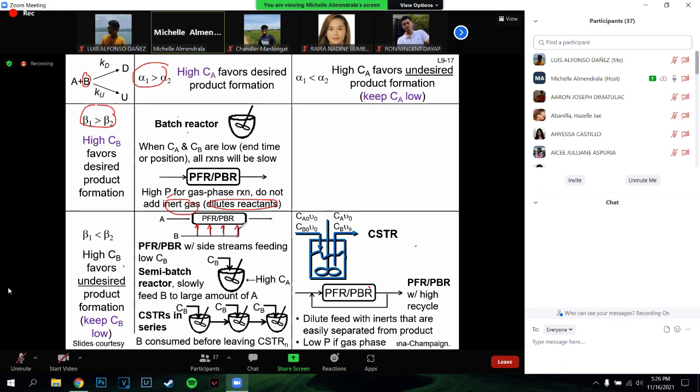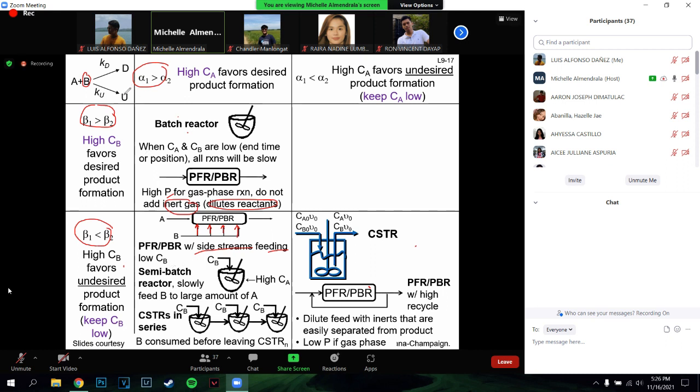That will be the technique to keep the B concentration low enough. This is what we call side stream feeding. Really, some reactor designs have side stream feeding because of this case, to prevent formation of the undesired product. That is the idea, especially for most multiple reactions.